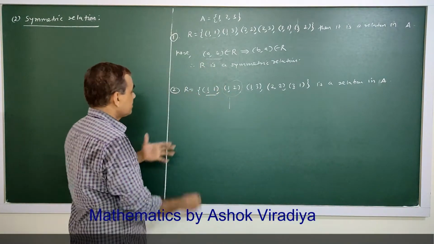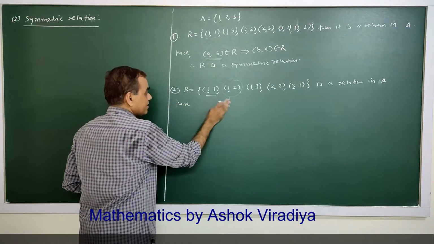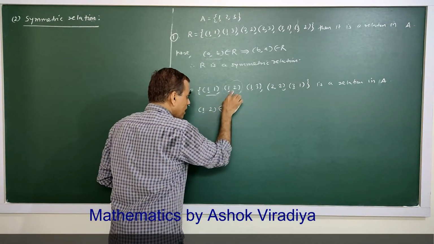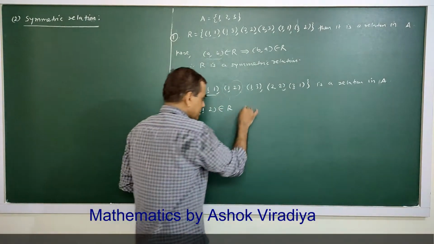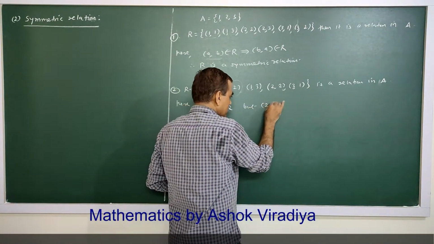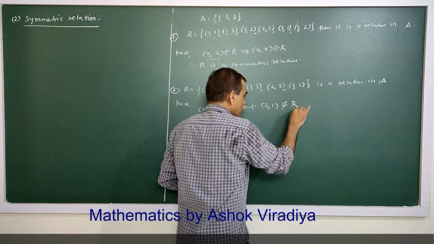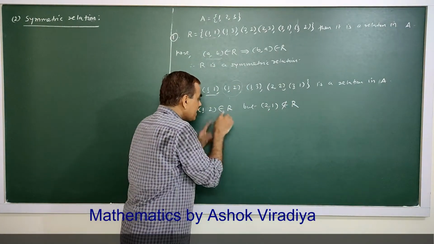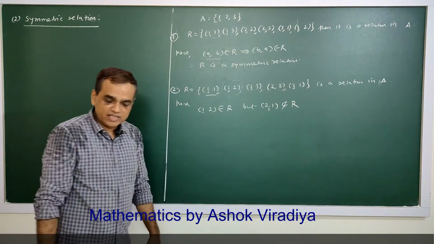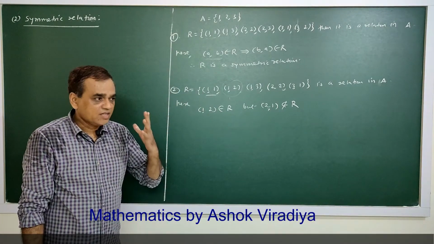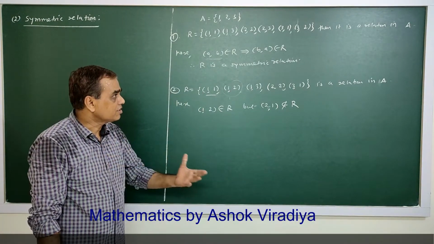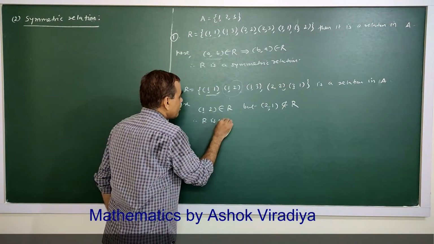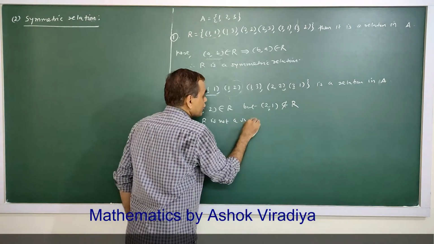So here (1,2) belongs to R, but (2,1) does not belong to R. If you find at least one such element in given relation, then it is not a symmetric relation. Therefore, R is not a symmetric relation.